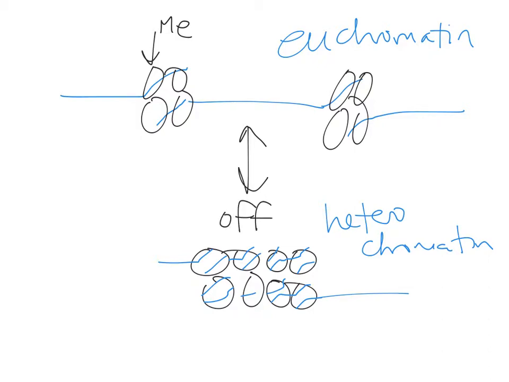That's heterochromatin. Or those chemical changes to histones can turn genes on. So if you haven't watched that epigenetics video, or if it's been a while, I suggest you go back and re-watch it.